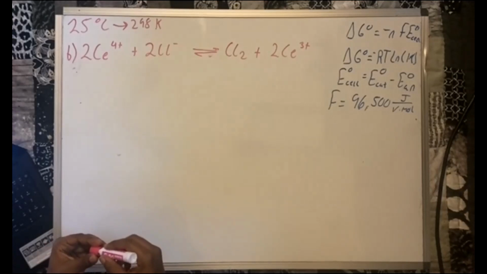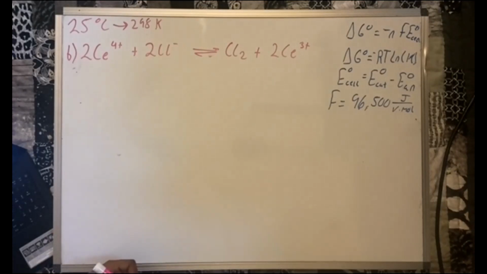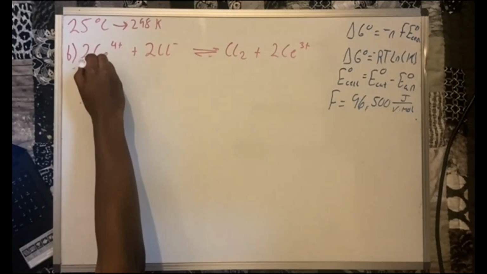And then for E-cell, again, we check which one's which. This one goes from +4 to +3.